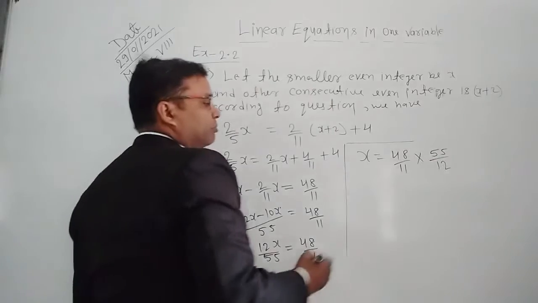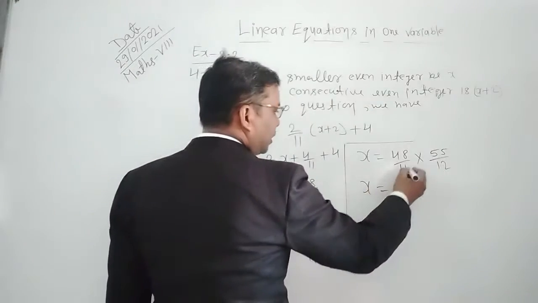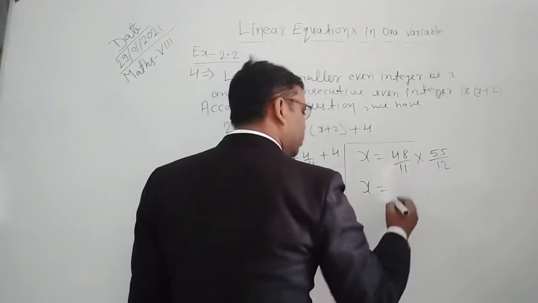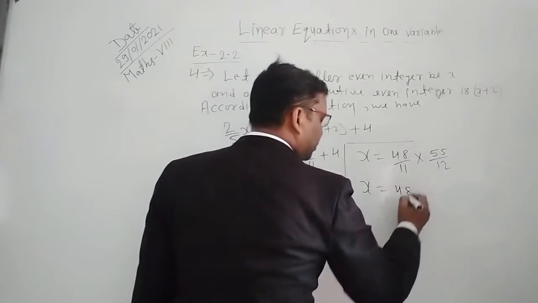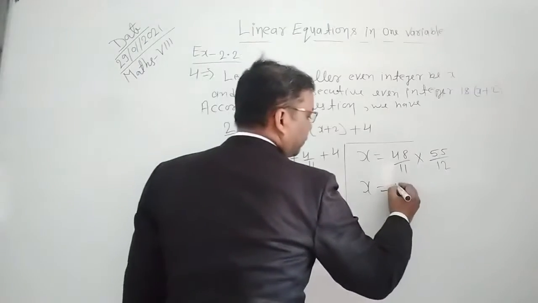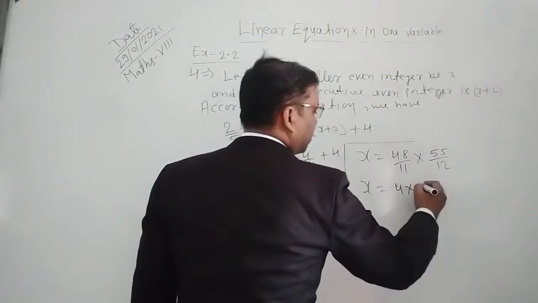If you simplify this, 11 goes into 55 five times and 12 goes into 48 four times, so you get 4 into 5.